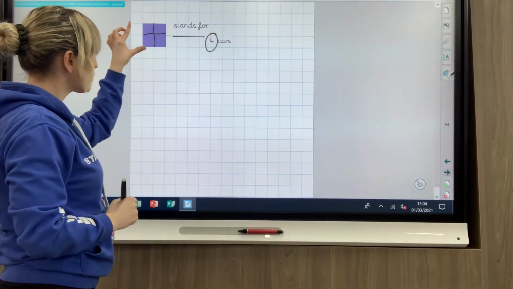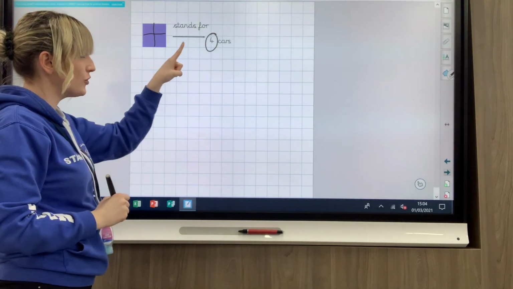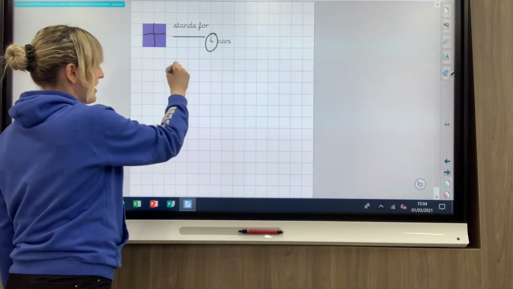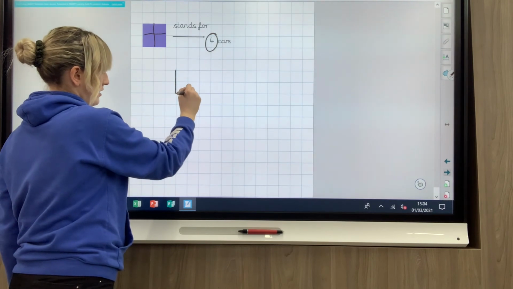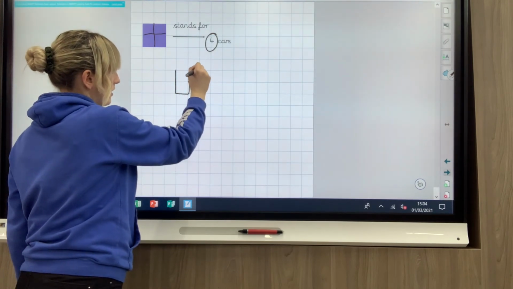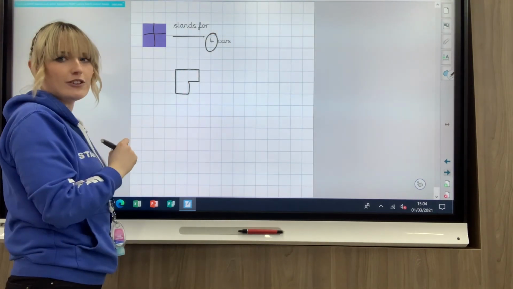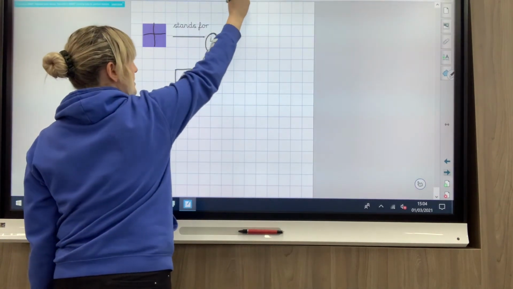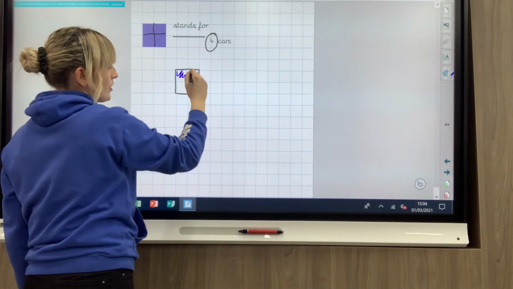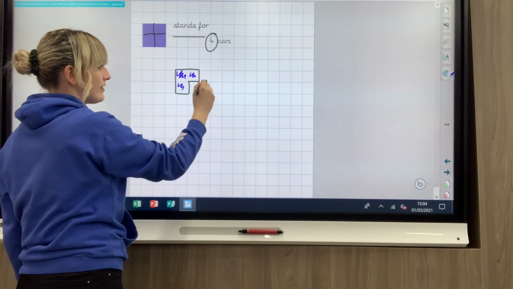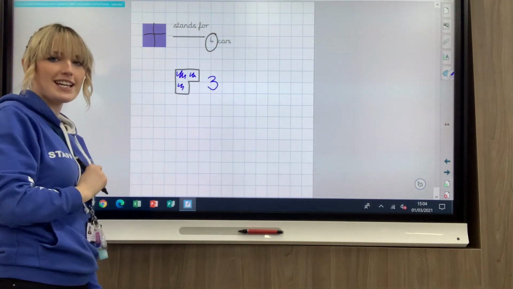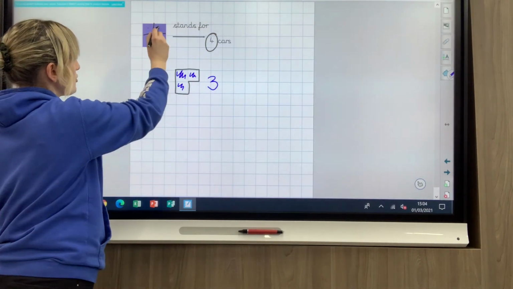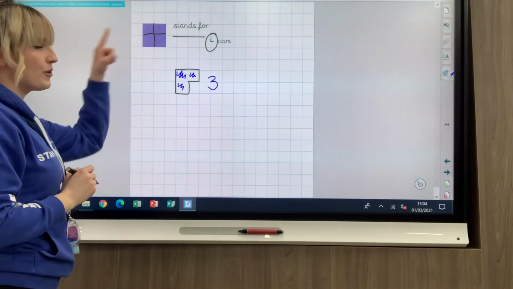So if the full size square equals 4, if you've got this, what is that going to stand for? Let's count. So it's going to be 1, 2, 3. So if that shape would equal 3. Okay, because you've got 1, 2, 3. And that one's 4.